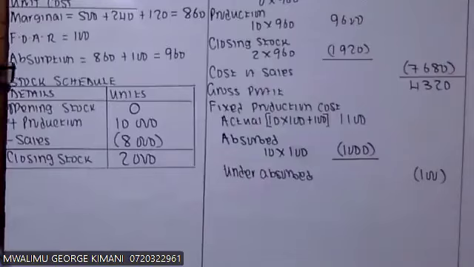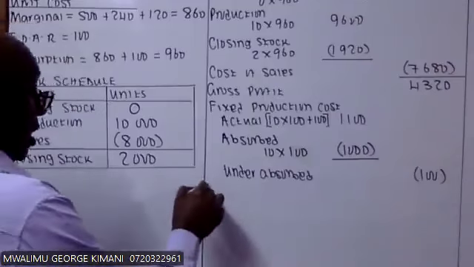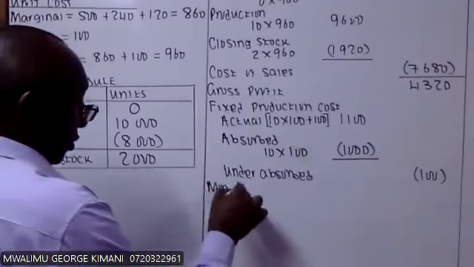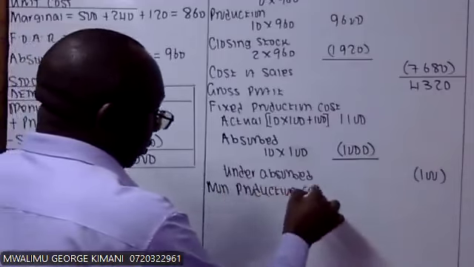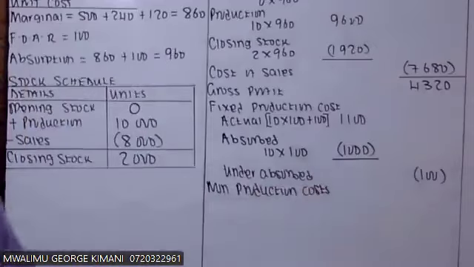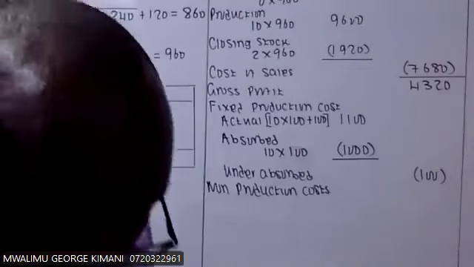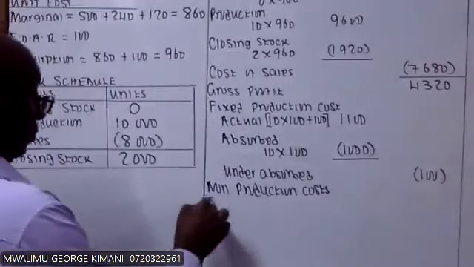So now, after dealing with that, we come and bring non-production costs. So for the non-production costs, we have selling and distribution.